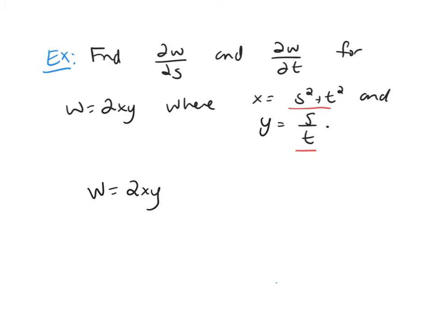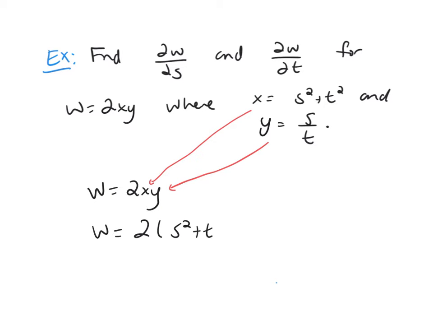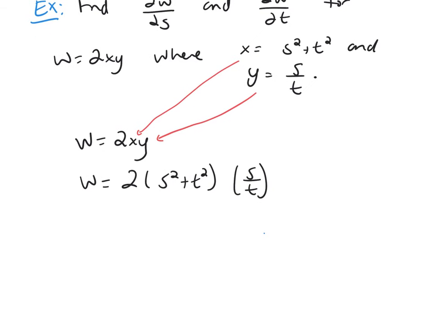So I'm going to substitute my equation for x and my equation for y into my function for w. W will be 2 times (s squared plus t squared) times y, which is s over t. And then we can go ahead and distribute this.